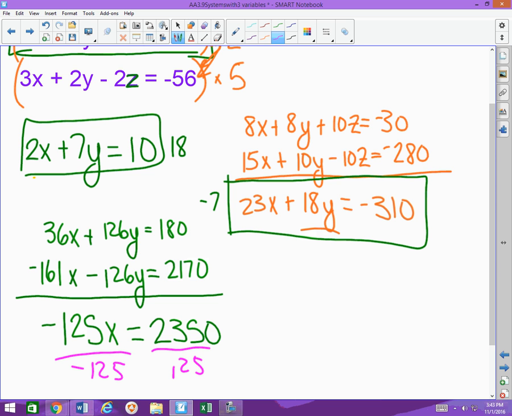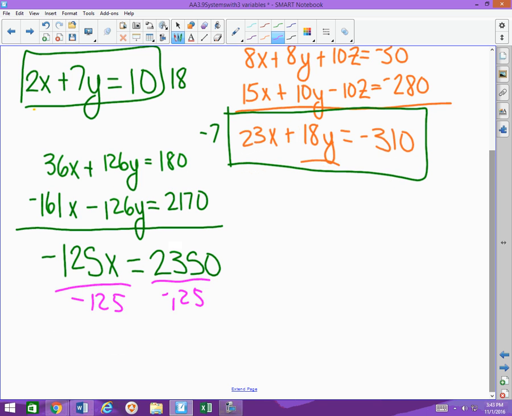And when you take 2350 divided by a -125, you get x is equal to a -18.8.